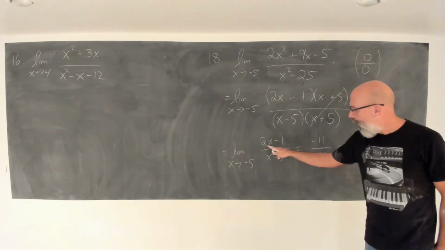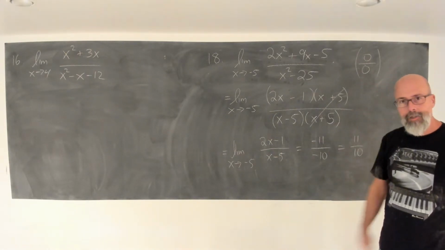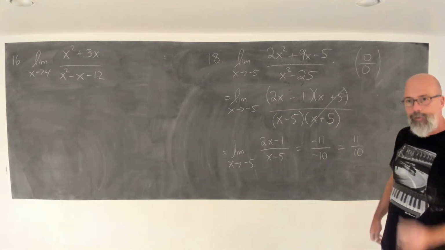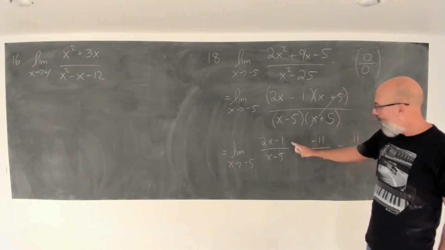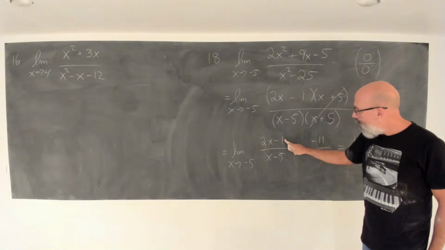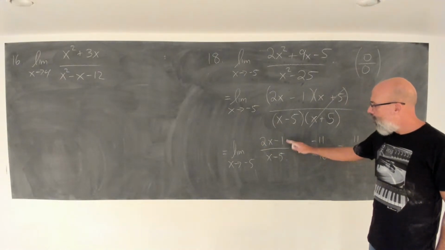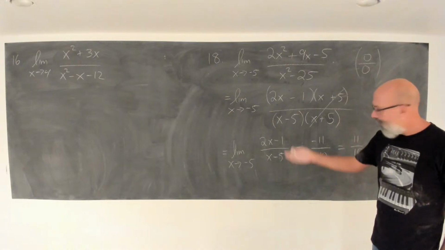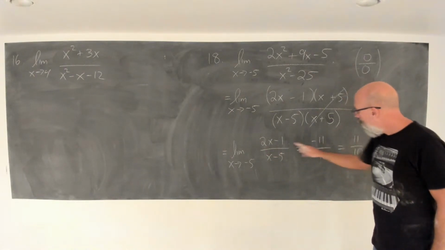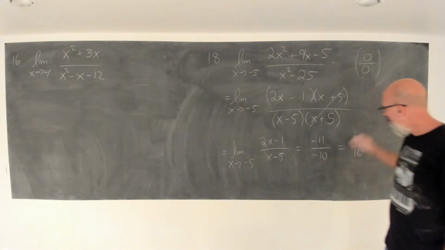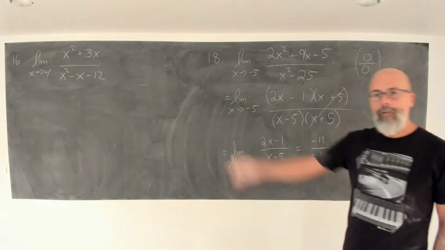That's property 10: if you have polynomials, you can just plug in. Property 4 tells you that you can take the limit of the top and the limit of the bottom. And these limits are just limits of polynomials, so property 10 tells you can plug in: minus 11 over minus 10, or 11 over 10.